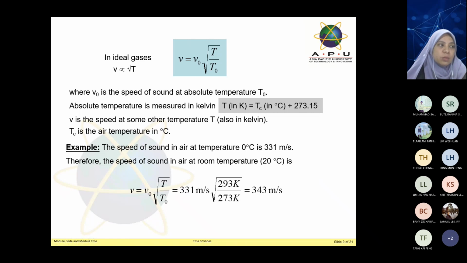The speed of sound in air at temperature 0 degrees Celsius is 331 meters per second. Therefore, the speed of sound in air at room temperature 20 degrees Celsius is how much? They ask.